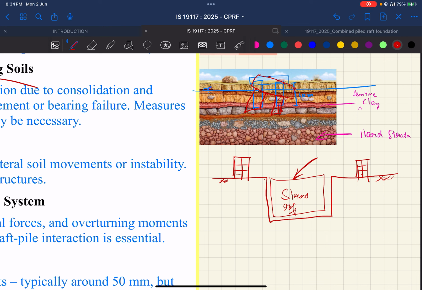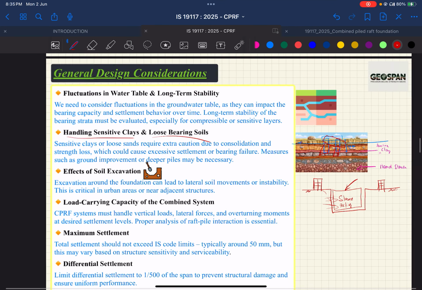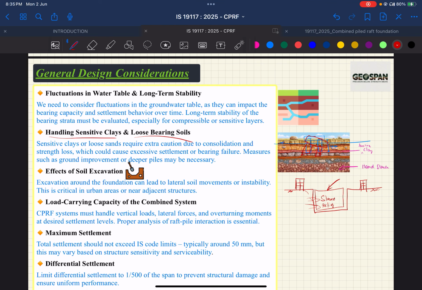Previously it has been in the confined stage. Now, when we are excavating a soil to construct a foundation, a stress relief effect will take place and potentially leads to soil lateral movements and instability. So these all things are to be considered while we are designing for CPRF and when we are going to construct a CPRF foundation.